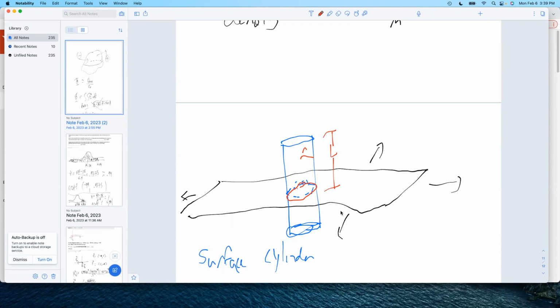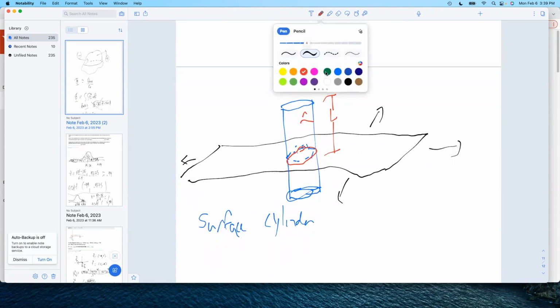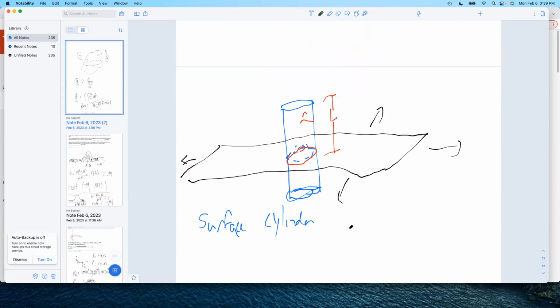I need a well-labeled picture. Okay, again, just like the last problem, I've got 3 separate surfaces, and I need to find the flux through both. So I've got surface 1 up here, surface 2 down here, and then the soup can label again, surface 3.